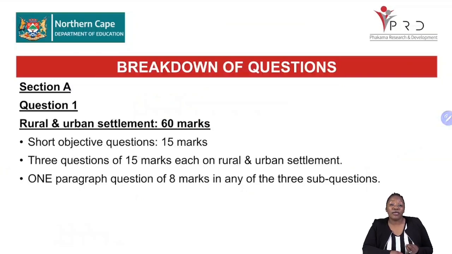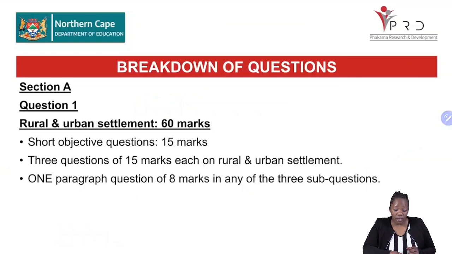And then once you are done with your short objective questions, you move to the next figures, which are your 1.3, your 1.4, as well as your 1.5. In these 3 figures, it's where you're going to get your short, medium, as well as your long questions. When we're talking about the medium questions, you should expect your 2 times 2 questions.